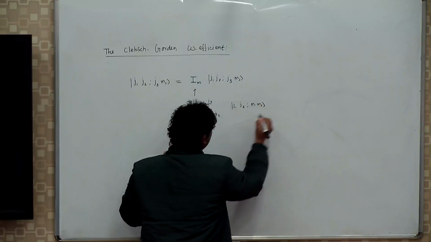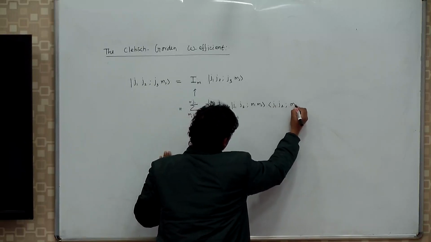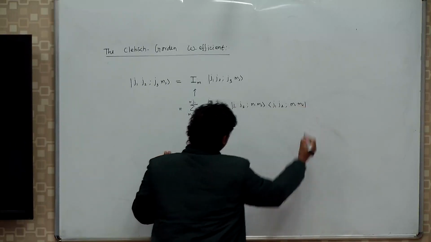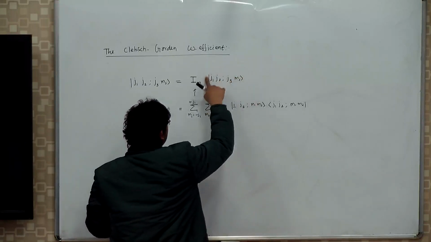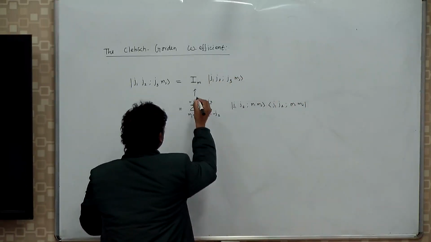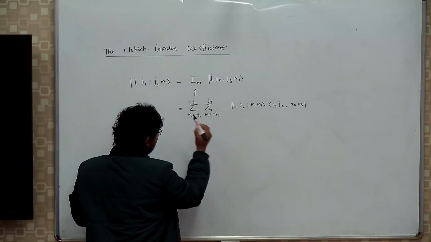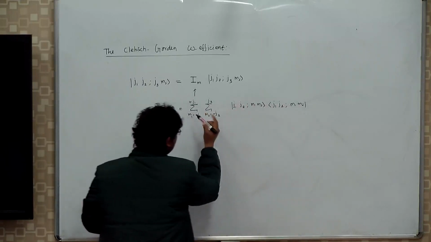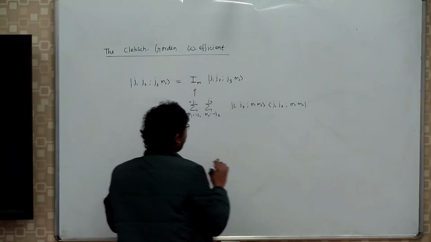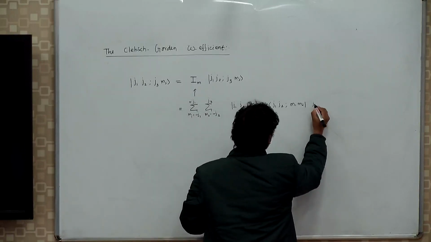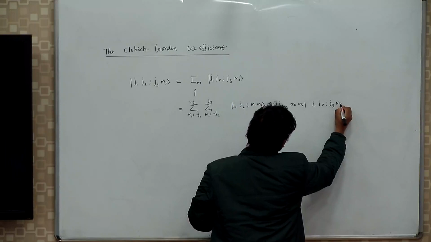This term is coming here because this completeness relation is nothing but 1, the sum over this entire term is nothing but 1, so there is no harm in inserting it here, then |j1 j2 j3 m3>.